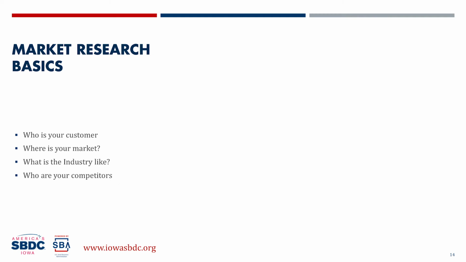So the next thing you want to look at is not only your market, but then go outside of that big picture. What's the industry like? Going to biztrends.com and seeing what trends are. Are there things that you can bring in that people are doing in California and kind of bring those in? So looking at the industry, if you're starting a coffee shop, what's that industry look like?